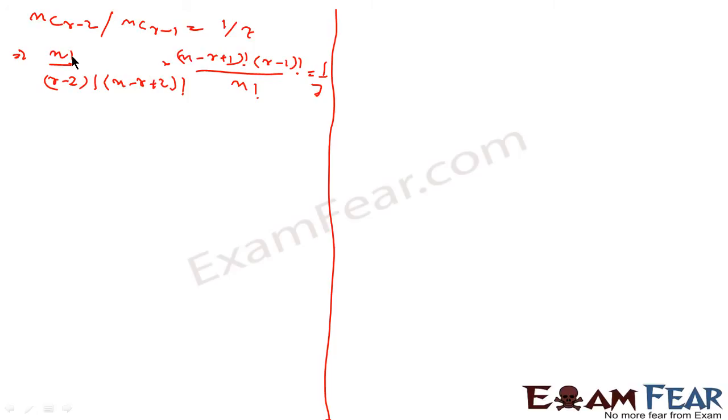I have just expanded nC(r minus 2), which is n factorial by (r minus 2) factorial (n minus r plus 2) factorial.